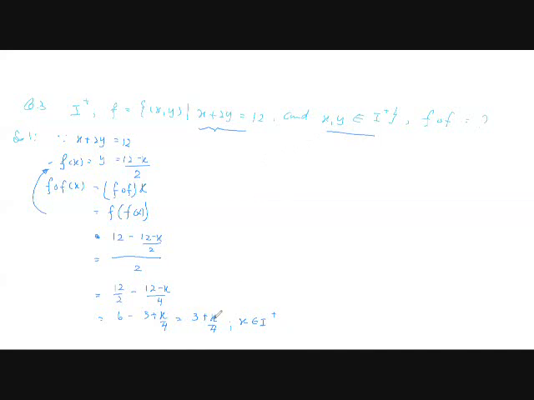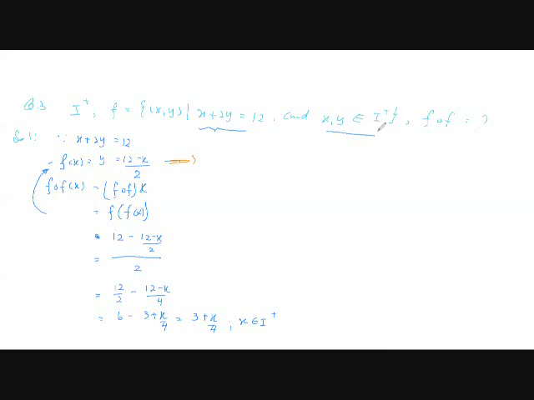From this, we can test what x is going to be from here. You can test, replacing x with this one, because they say this one is a positive integer.